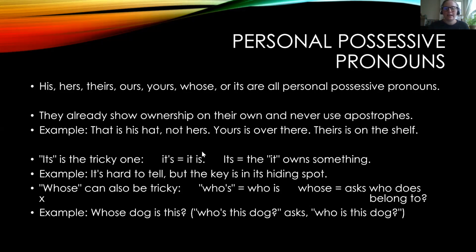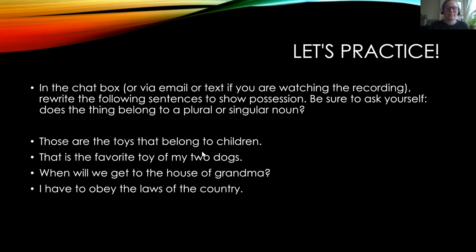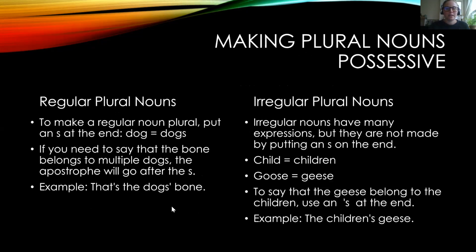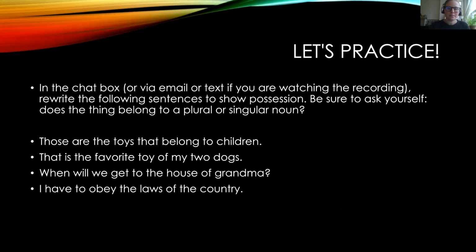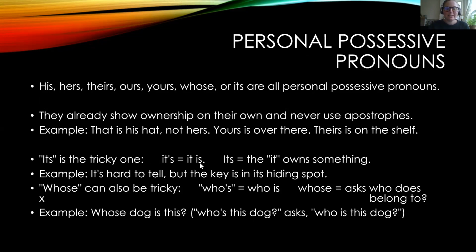That's one reason, again, that when I'm looking at an apostrophe with singular pronouns or singular nouns, I practice by saying "one dog is bone." So I'm like, oh yeah, that's not right. A dog cannot be a bone. But "it is" will make more sense in a sentence if it actually is something. If it does not have an apostrophe, then the "it" owns something.